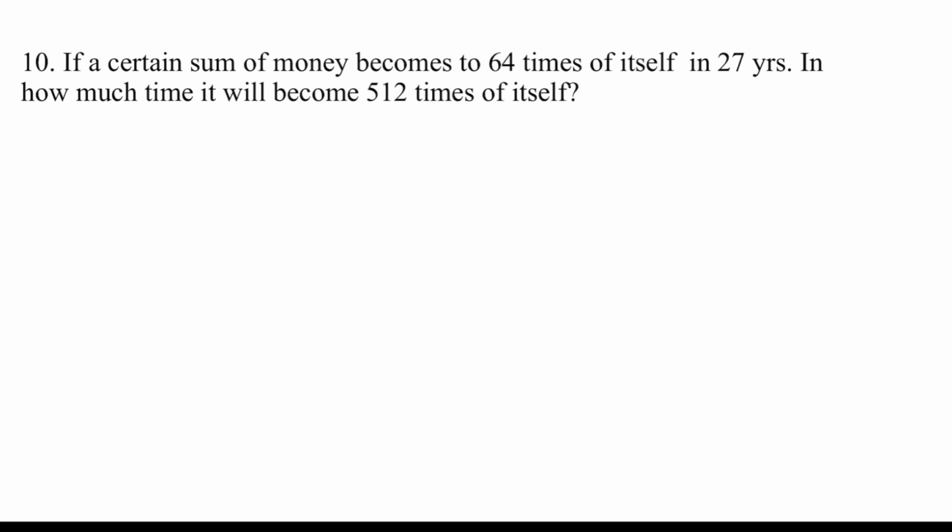If a certain sum of money becomes 64 times of itself in 27 years, then in how much time will it become 512 times of itself?